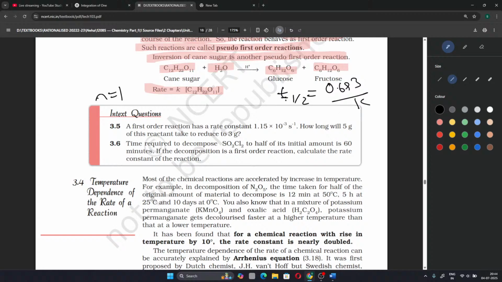Now t half is 60, so 60 equals 0.693 by k, so k equals 0.693 by 60. This gives the value of k in minutes, but if we want to convert it into seconds, then it is 0.693 by 60 times 60, which is 0.693 by 3600.